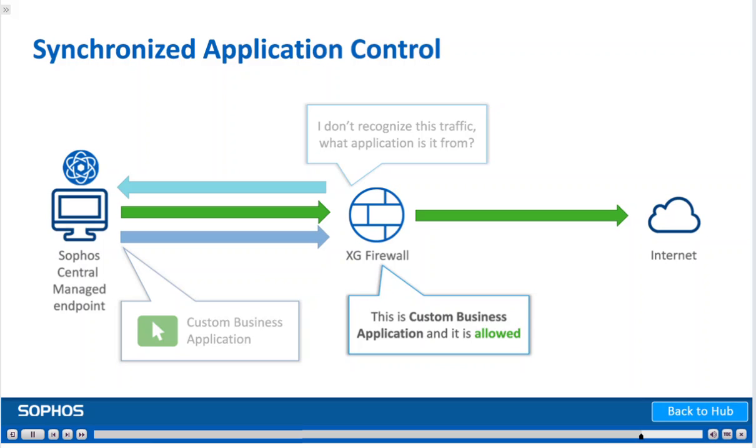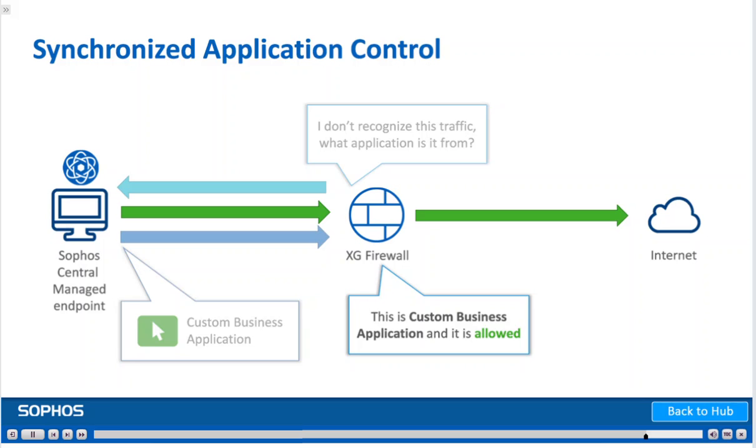This solves a significant problem that affects signature-based app control on all firewalls today, where many applications are being classified as unknown, unclassified, generic HTTP or SSL, for example.